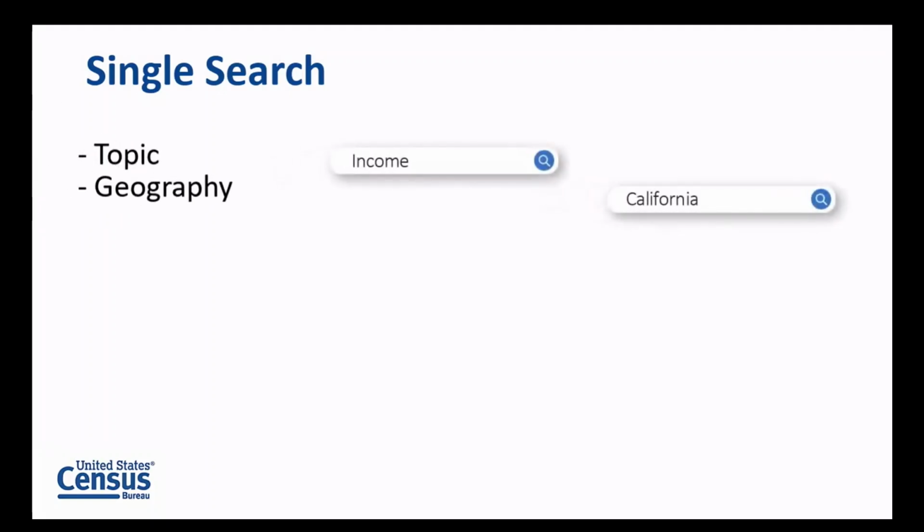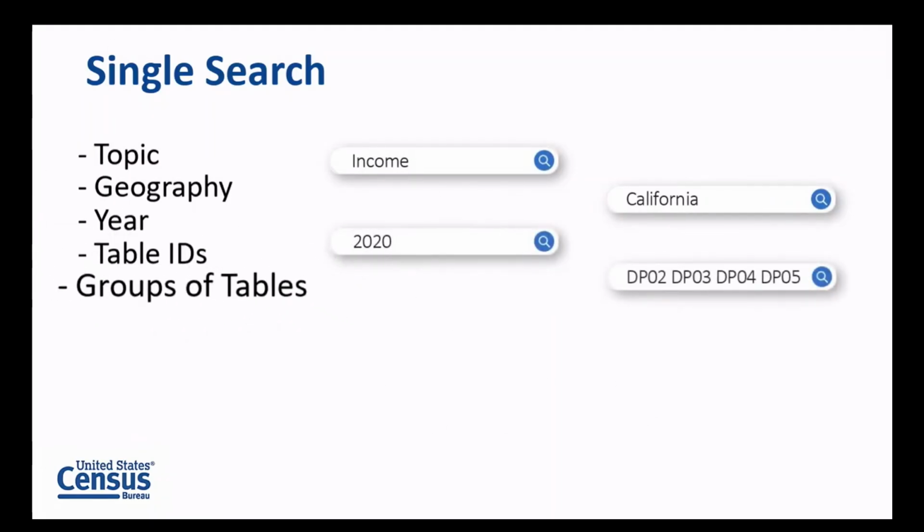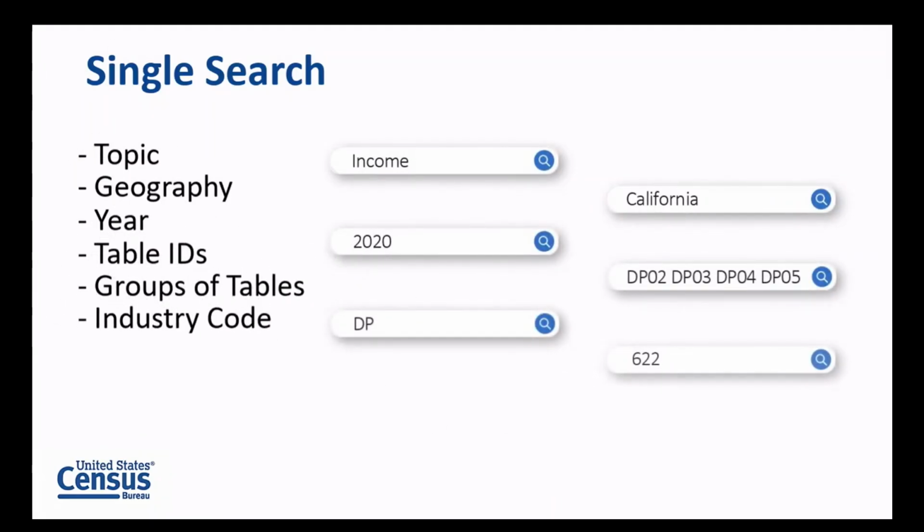You can enter search terms for various topics, common types of geographies, year of data, table IDs, groups of tables, or industry codes. You don't have to search for one search term at a time either. You can use a combination of keywords like your topic of interest and a single geography.